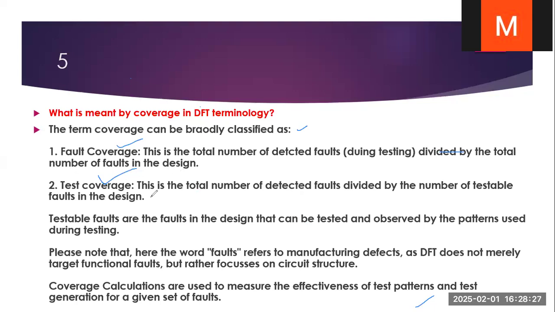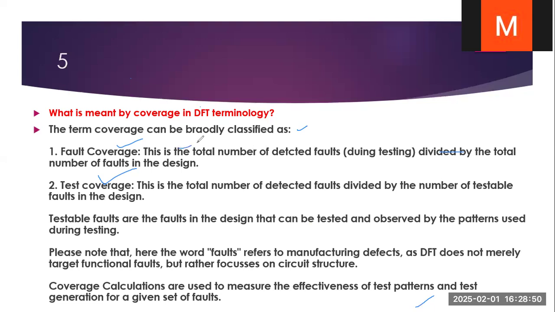And test coverage is the total number of detected faults divided by the testable faults in the design. Simply, test coverage is tested faults by testable faults, and fault coverage is tested faults by total faults in the design.